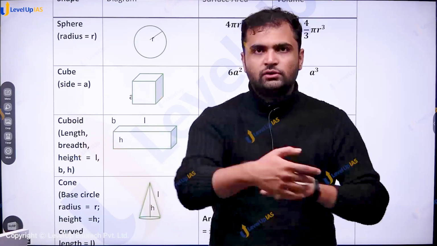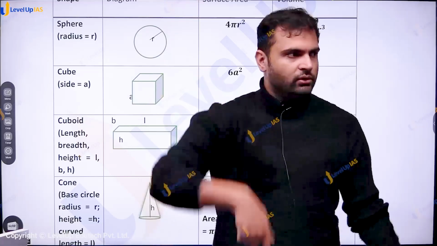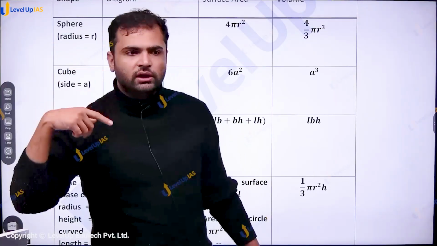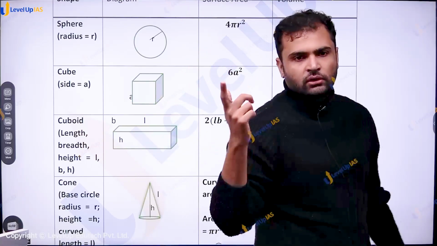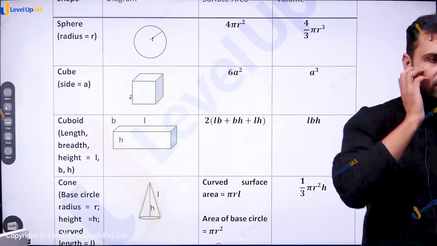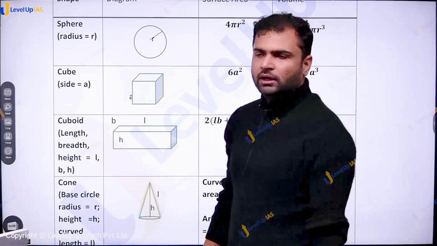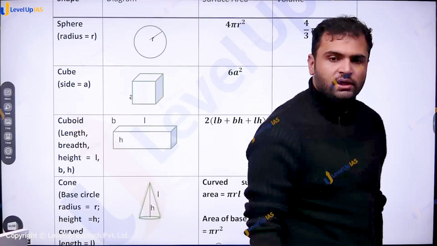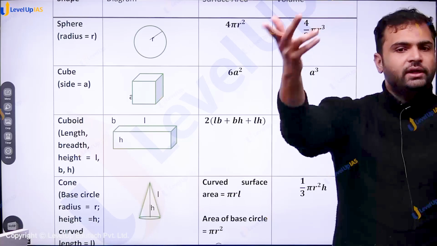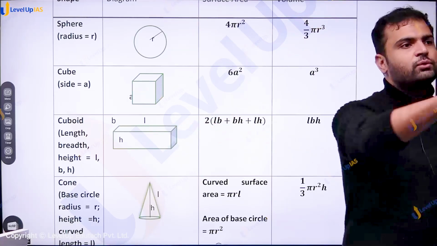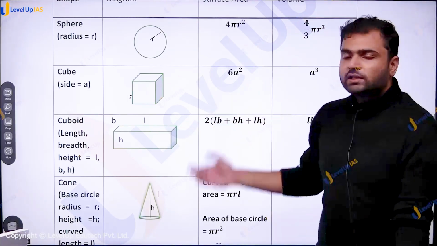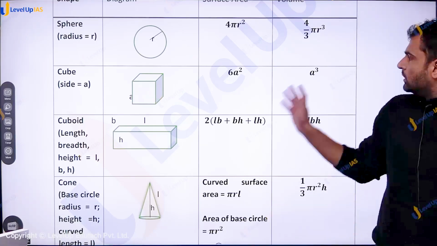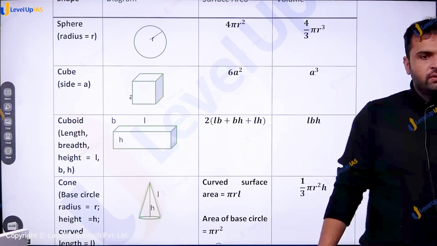You can imagine this room, 1, 2, 3, 4, 5 and 6. For a cube all edges are equal, all the 8 edges that we have are equal, and all the surfaces would be squares, and each square would have area a square. So 6 squares would have total area of 6 times a square, right? And volume would be cube of side, a cube.